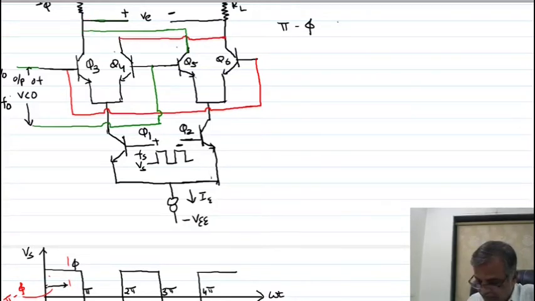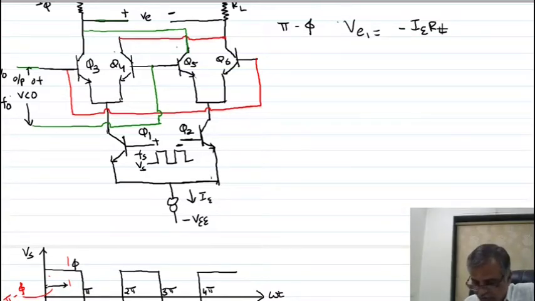See, during this time interval, this pi minus phi, transistors Q1 and Q3 both are in forward bias, so conduction is large in Q3. As a result, voltage at the collector of Q3 is very low, and low voltage at the collector of Q3 is given by minus IE into RN.